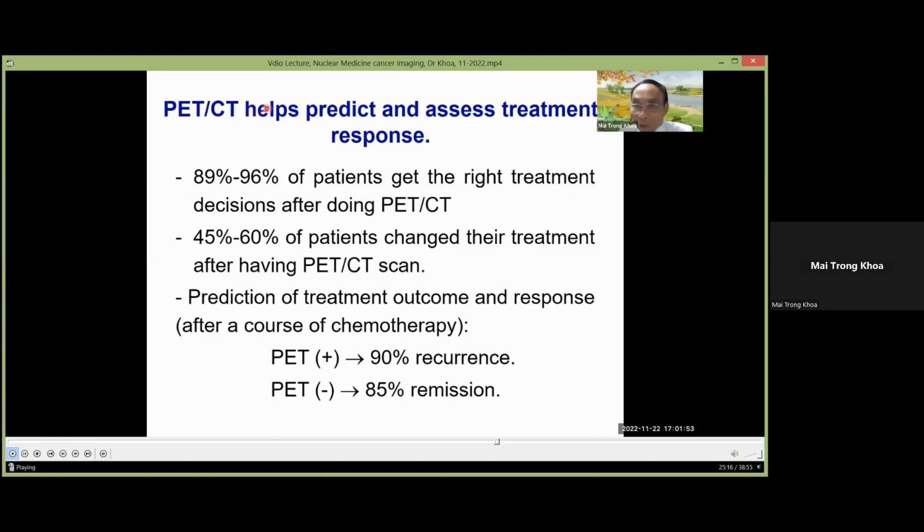Many studies show that having performed PET-CT helps to make a decision about the right treatment or to change the treatment method, and to predict the outcome and response to treatment.